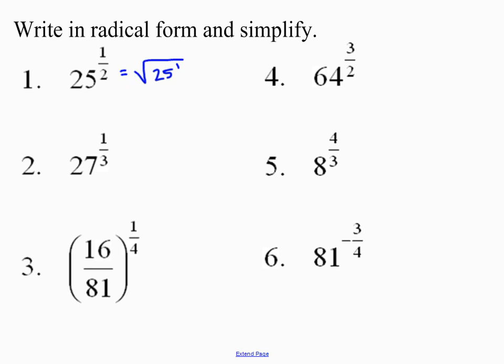Let's make a note to ourselves, and if you have another color, that would be a good time to use it. Make a note to yourself. Don't write 2 as the index for square root.